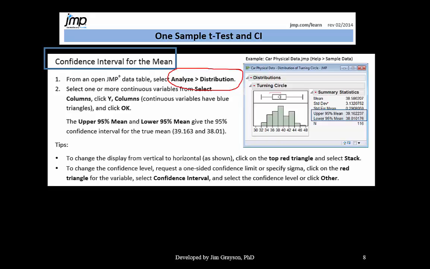As it turns out, those summary statistics are just automatically going to give us the upper and lower confidence intervals. These two endpoints, they give us the overall mean, and then that lower confidence interval, upper confidence interval points for constructing the confidence interval for the mean.